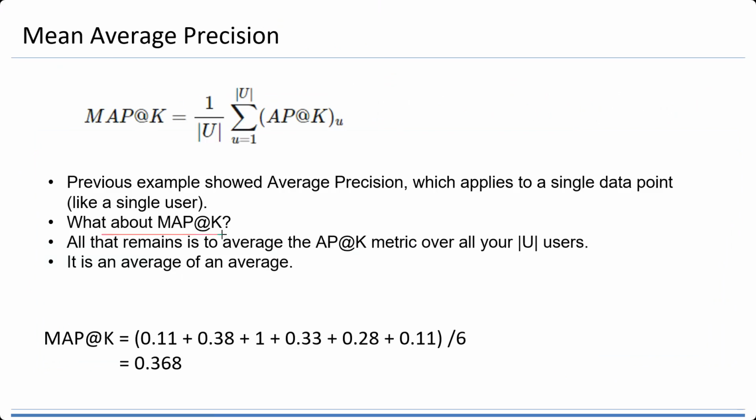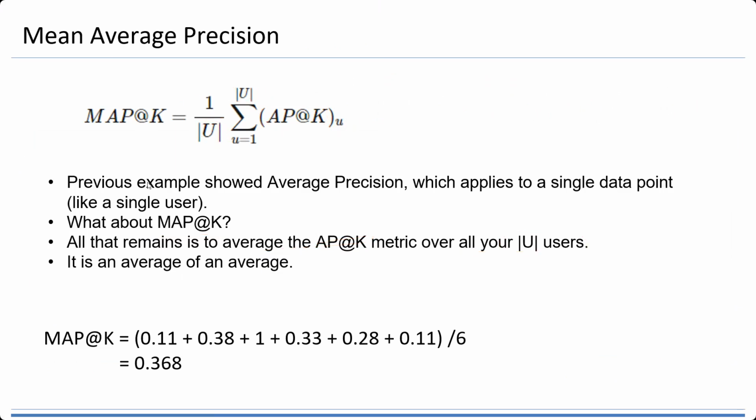So what about the MAP at K? All that remains is to average the AP at K. It is the average precision at K over all your users. So this is the average at K of particular users. We do the summation for all users and divide by the number of users.